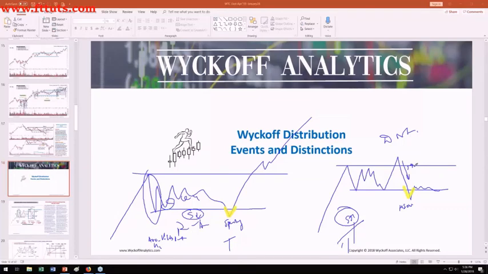But even if we have not noticed this, we would always be thinking about the confirmation of those patterns, right? The confirmation of a spring, a confirmation of a sign of weakness. So what would be a confirmation of a spring? The price comes back into the trading range and goes into a major sign of strength. And with the major sign of weakness, there's going to be an attempt to come back.